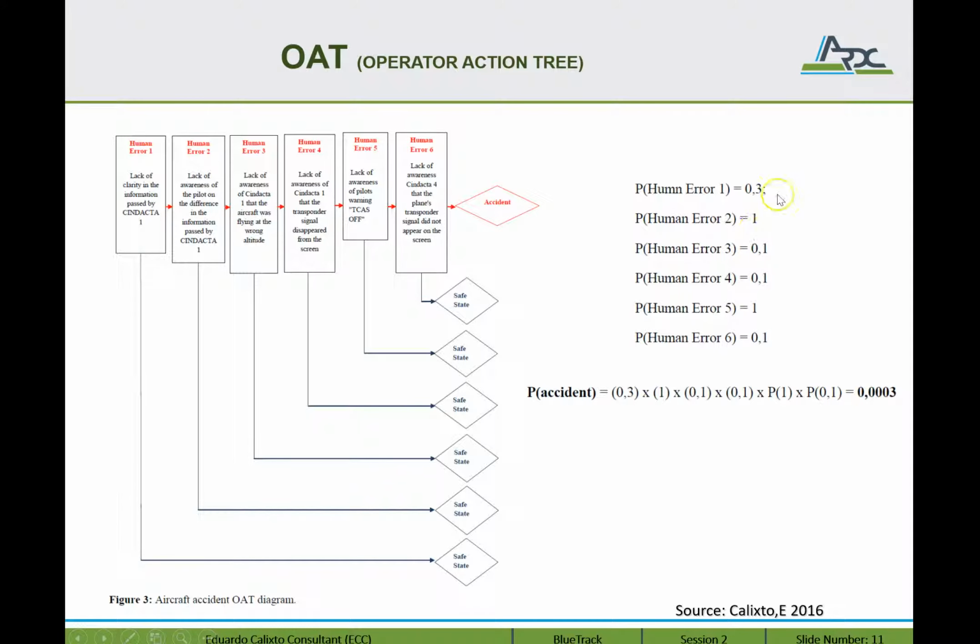Again, the main challenge here is to get this probability. We can use some standards or templates, or you can elicit based on specialist opinion. So here we can see, for example, error 1 was a lack of clarity in information accessed by the controller. Then a sequence of failures between the controller and the pilot triggers an accident.